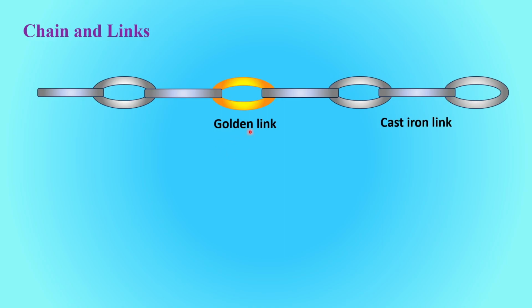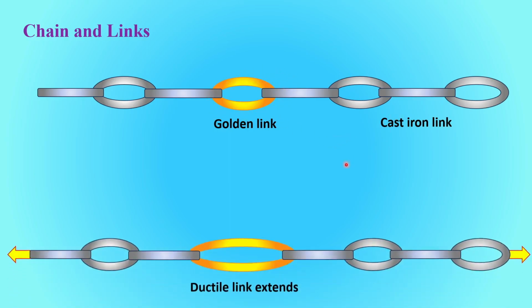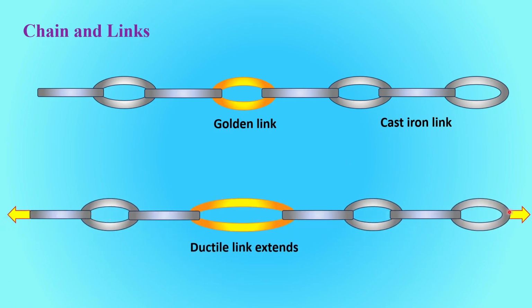Whereas the gold is very malleable and ductile, so it will undergo large displacement. So this link is acting as the ductile link in my chain. So the chain is under pull, so these are the two forces shown. The ductile link is undergoing displacement without failure, it is undergoing ductility. So there is the way of showing a ductile link in the system.